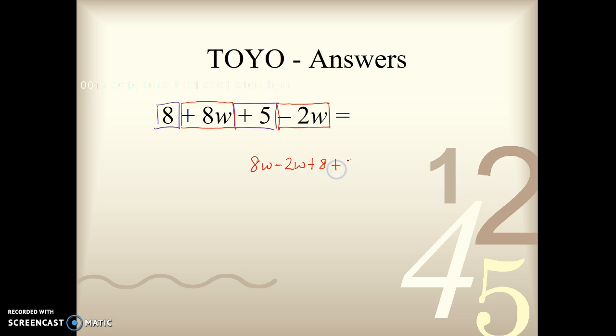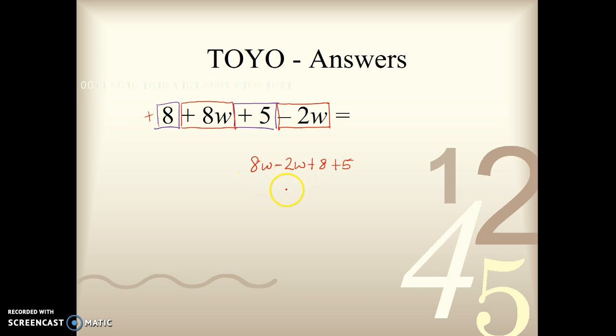Okay, so 8w minus 2w plus 8 plus 5. You're just going to assume that anything over here in the front has an addition sign next to it. That has to do with positive and negative numbers, which we haven't really explored much yet, we haven't explored it at all, actually. So for now, for these lessons, just assume that anything that's over here to the left just has an addition sign next to it, even though it's unwritten.